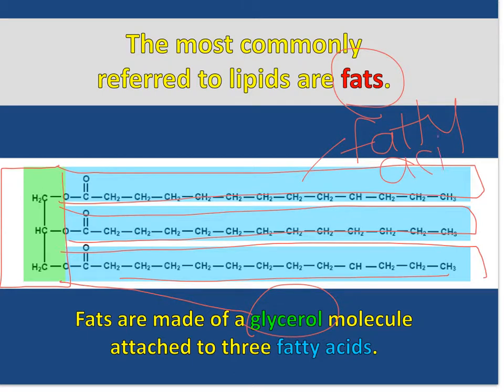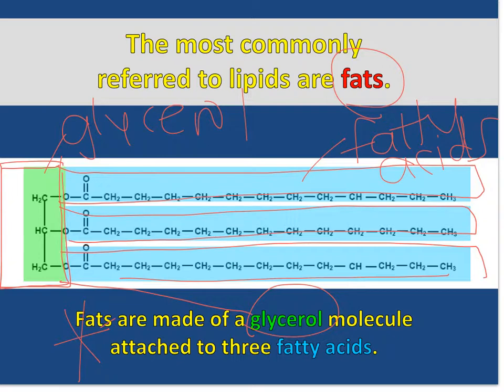So on your notes, there is a picture above question 14. I want you to label it. I want you to put a big rectangle around the green part. That's the head of the fat, of the lipid. That's a glycerol. And then the tails, there's 3 of them here.